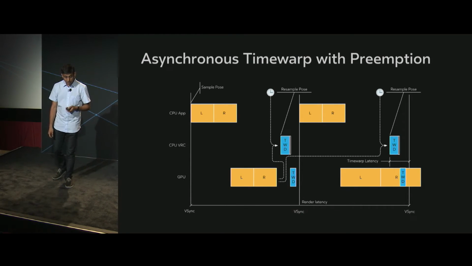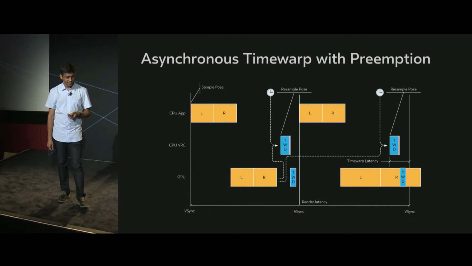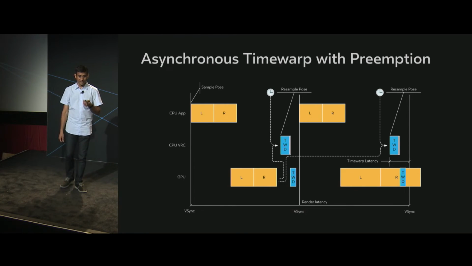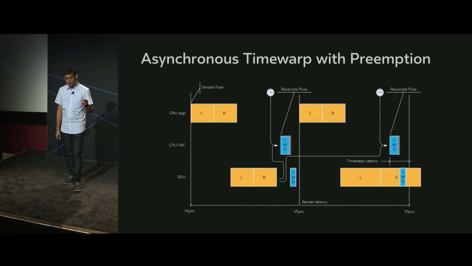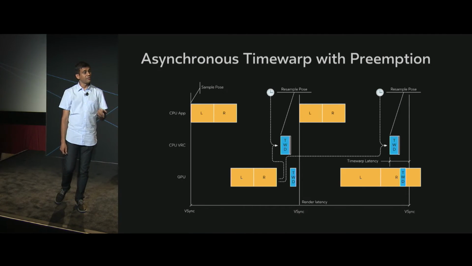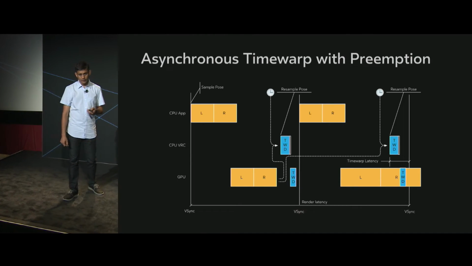Another thing you've heard us talk a lot about in the past is asynchronous time warp, or ATW. We've used this very effectively on the mobile product, and we've been actively working on this to see if we can bring this to the PC.